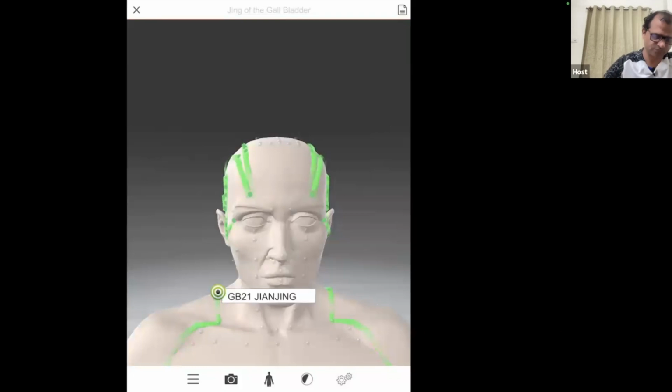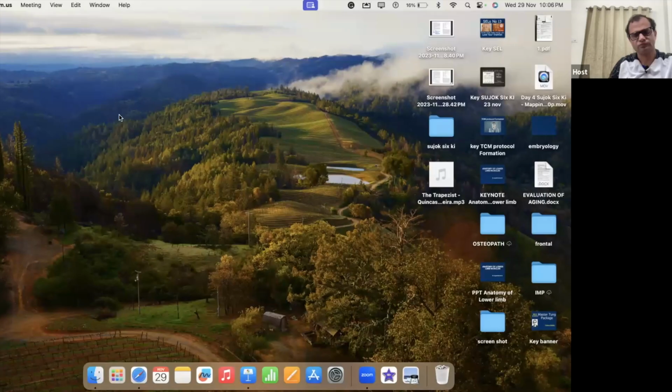But right now we can see here, okay, so what to do, how to make the protocol, हम कैसे इसका इलाज करेंगे. So let's see now. So this is the protocol.